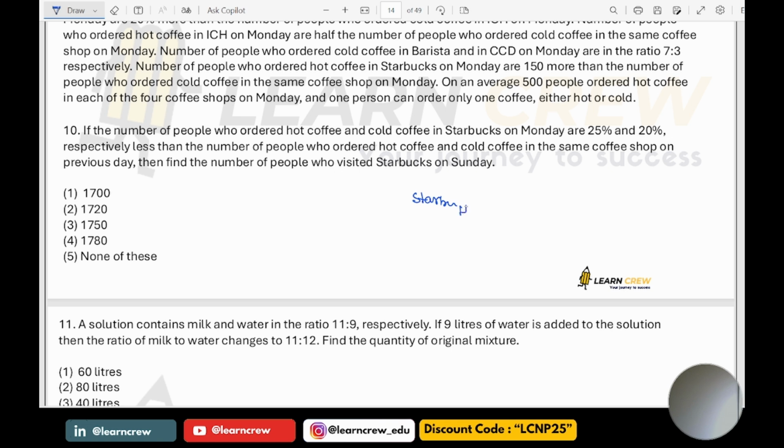Starbucks hot coffee would be 1000 on Sunday. Similarly, cold coffee: if 80 percentage is 600, then 100 percentage would be 750. So 1000 plus 750 total is 1750. So answer is 1750.